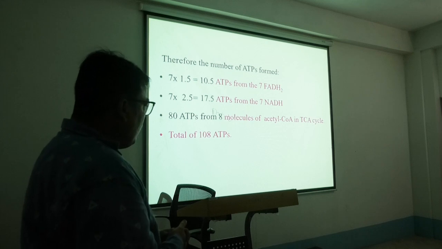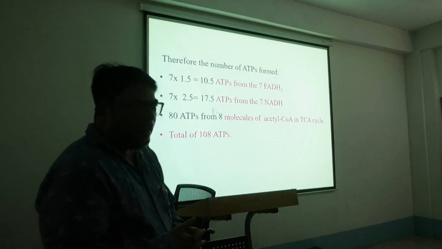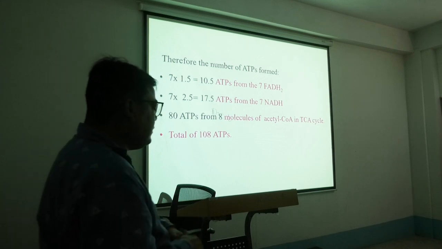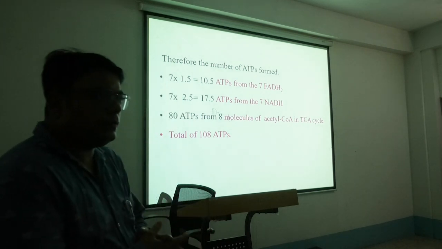So how much ATP does 1 acetyl CoA produce? 10. So overall 108 ATPs are produced.